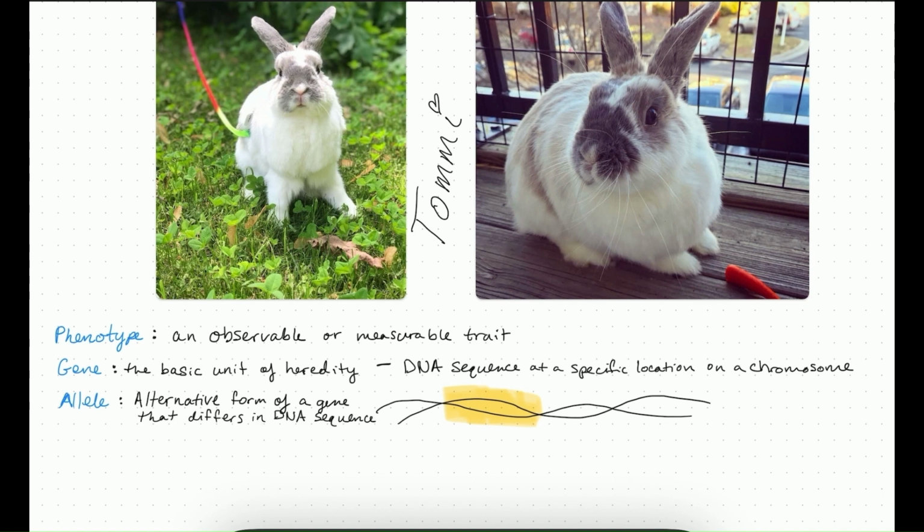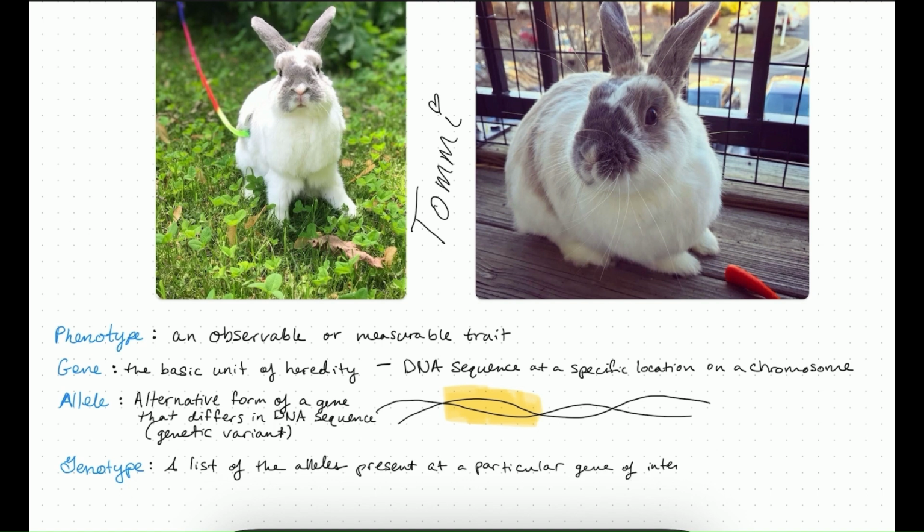It's synonymous with genetic variant, such as the allele that codes for white fur color specifically, or long whisker length specifically. And genotype, a list of alleles present at a particular gene of interest or in the individual organism as a whole, is the genotype.